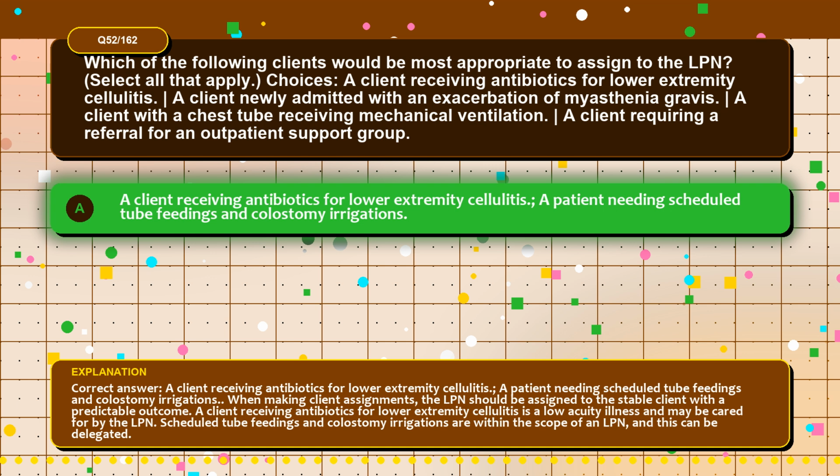When making client assignments, the LPN should be assigned to the stable client with a predictable outcome. A client receiving antibiotics for lower extremity cellulitis is a low-acuity illness and may be cared for by the LPN. Scheduled tube feedings and colostomy irrigations are within the scope of an LPN, and this can be delegated.